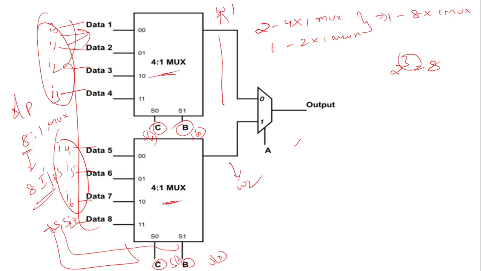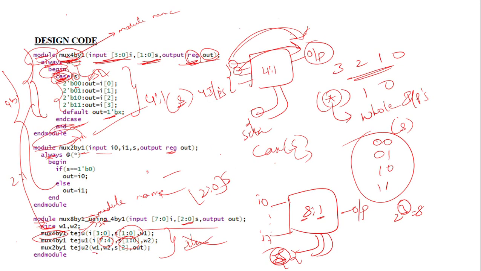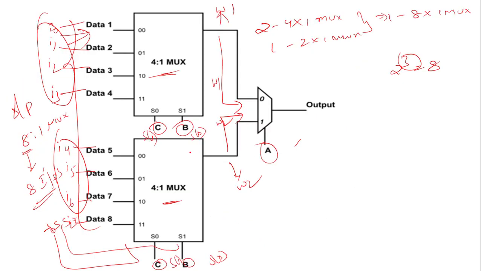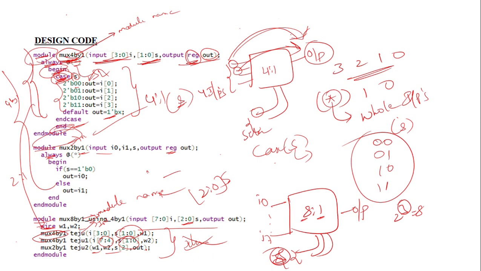This W1 is going to the 2 by 1 mux, and this W2 is going to the 2 by 1 mux. So you can simply write W1, W2. There is a select line, which is different from this one. That is S of 2. So S of 2 is our select line. Simply write it, and there is an output variable, which is our final output. Then end module. So like this you can design the code for the 8 by 1 mux using the 4 by 1 mux and 2 by 1 mux, and end with end module.